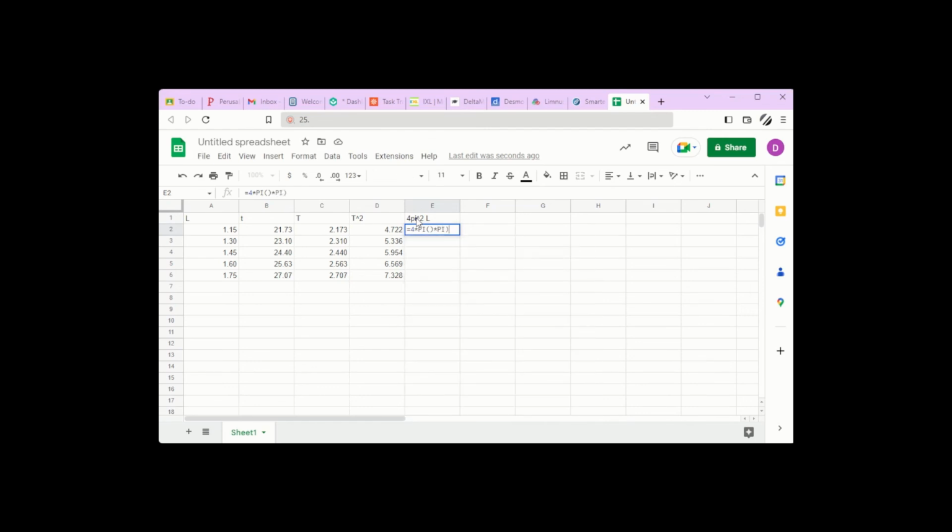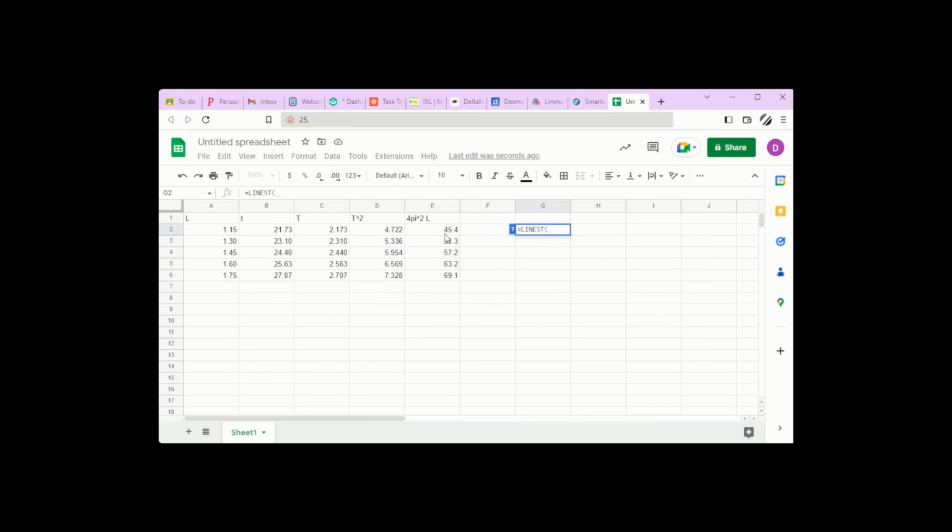We can use that pi function in our calculator. And then times L. And again, this entire column should be 3 significant digits. But now here's our y, and here's our x.